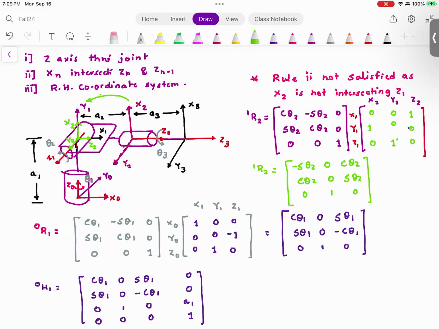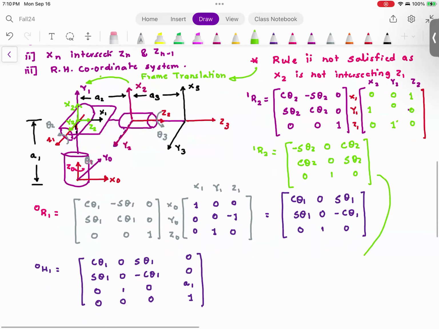Now please note that I did the frame translation. Why did we do the frame translation? Because rule number 2 was not satisfied. As soon as I translated the frame, everything is satisfied. Everyone understood this?